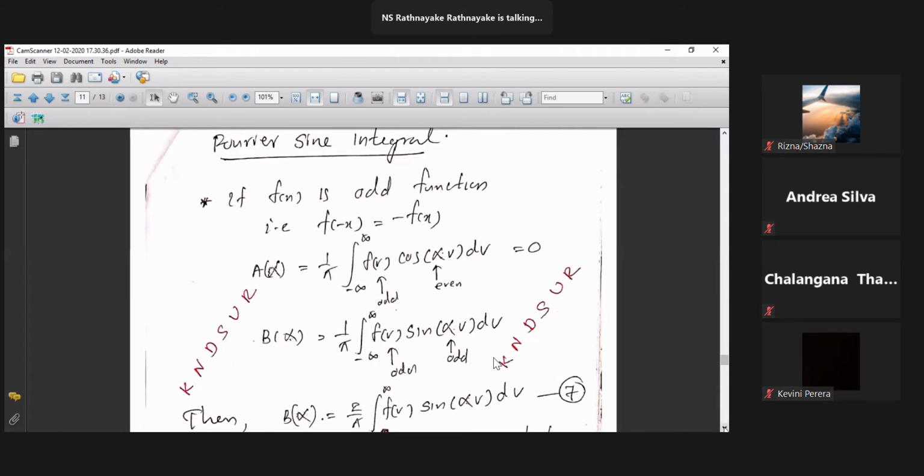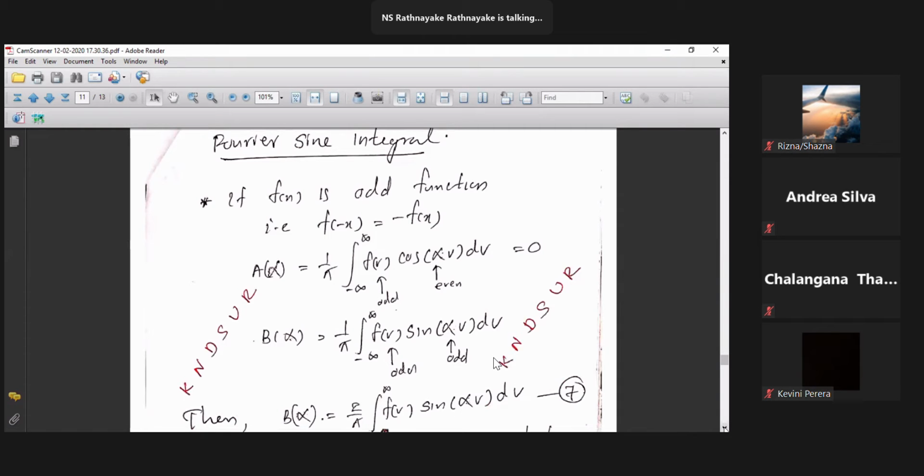So we can define A(alpha) as 1 over pi, integral from minus infinity to infinity of f(v) cos(alpha v) dv. If you want, you can replace v with x here. There are no problems, but I want to show that there is some alpha value.